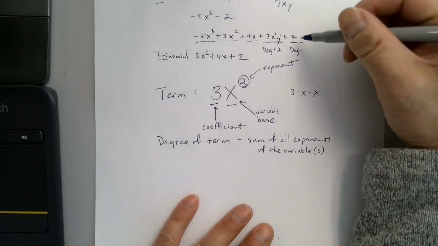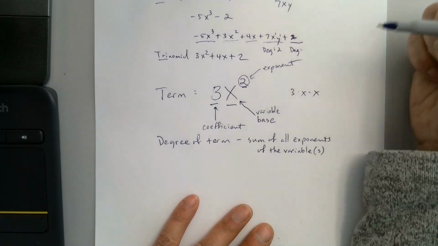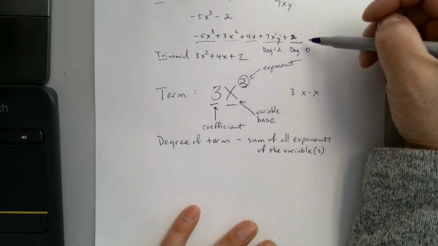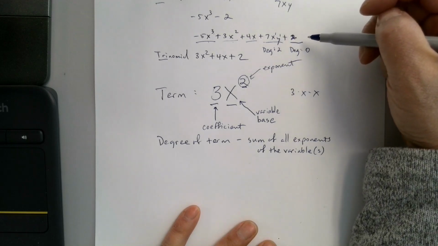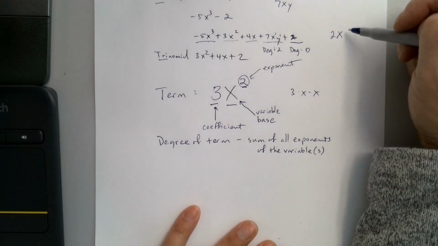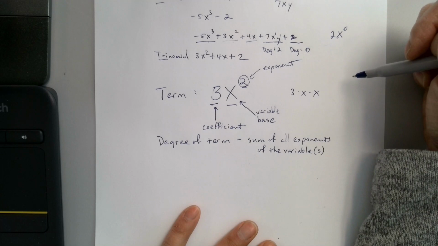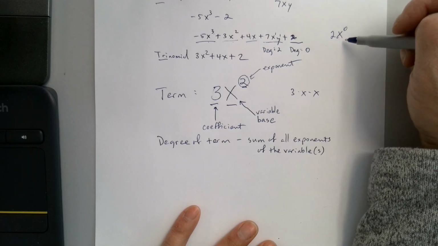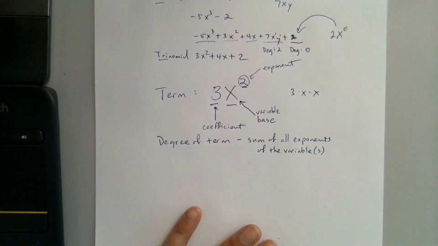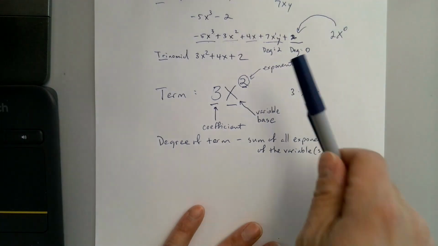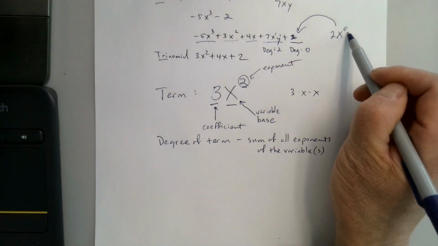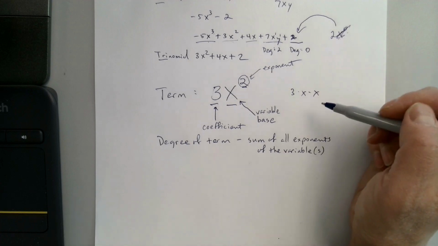The degree of the last term, which is just a 2, is 0 because there are no variables here. And if there were, the exponent of that variable would be 0 because x to the 0 is 1 and 2 times 1 is 2. So if I see any term without any variables, the degree is 0 because that means that the exponent of that variable was 0, but then that caused that variable to disappear.